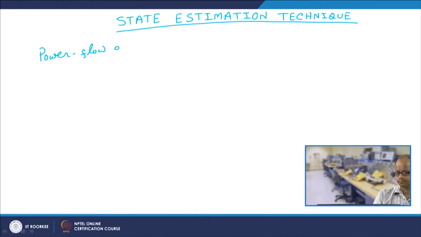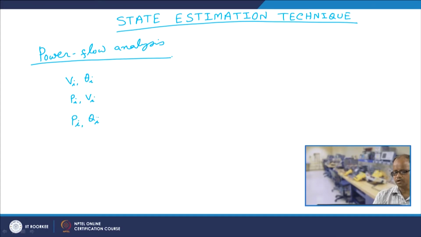Again, we look at this power flow analysis. Our inputs are Vi, theta i for the slack bus, Pi, Vi for PV buses, and Pi, Qi for PQ buses. Now, in actual implementation, from where will I get this Pi and this Qi? We can always argue that theta i for the slack bus is always equal to 0, so we really do not have to measure it.